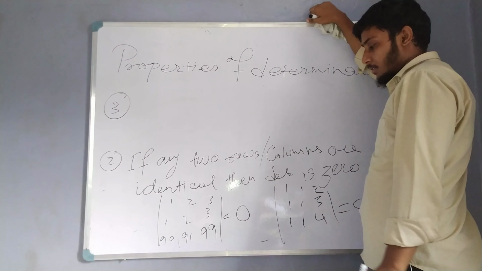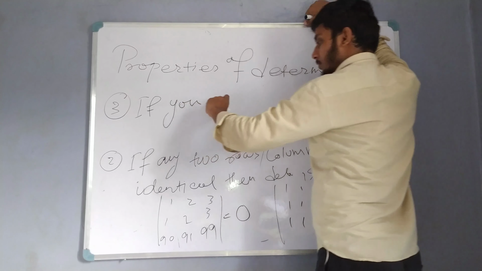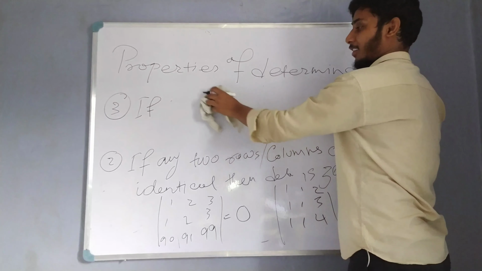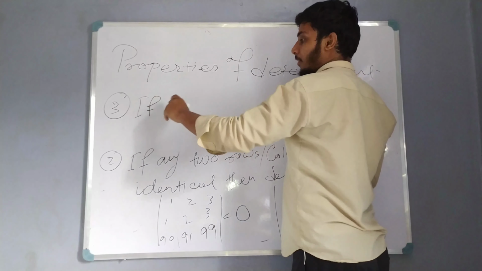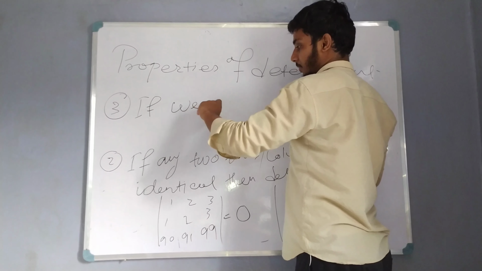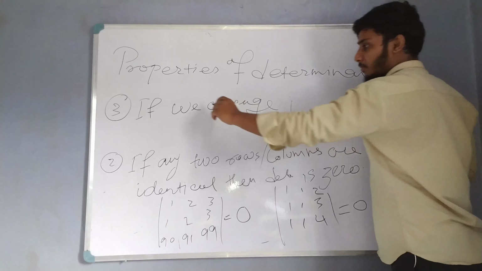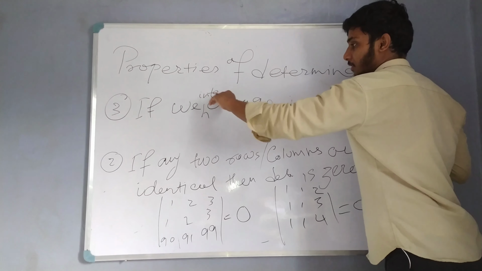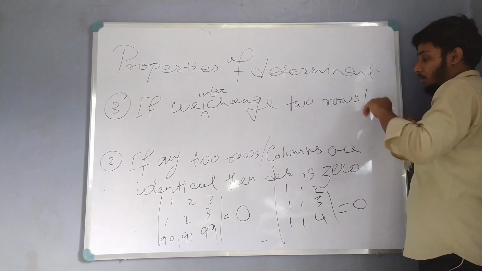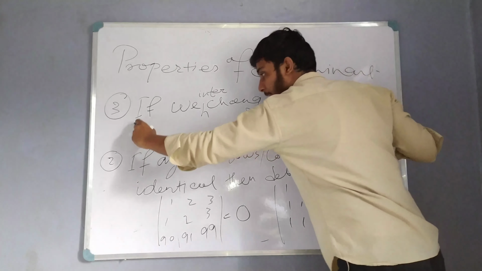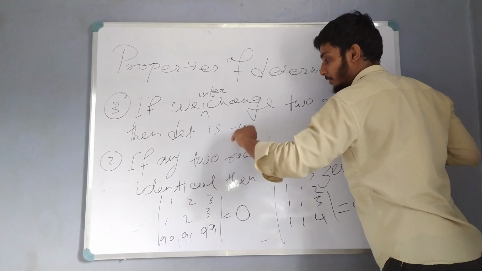Property number 3 is, if we interchange two rows or columns, then the determinant is negative.